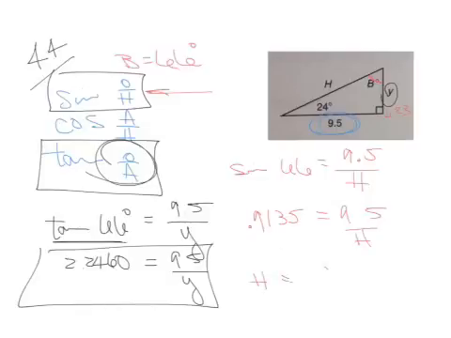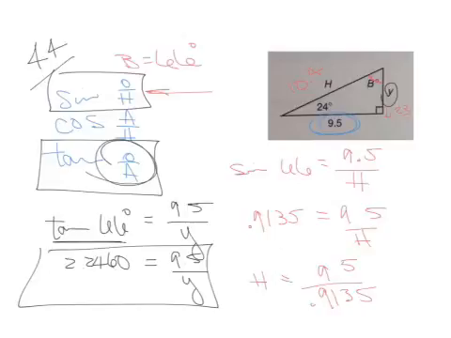H equals 9.5 over 0.9135, and I get for a measurement of h about 10.4-ish for the length of the hypotenuse.